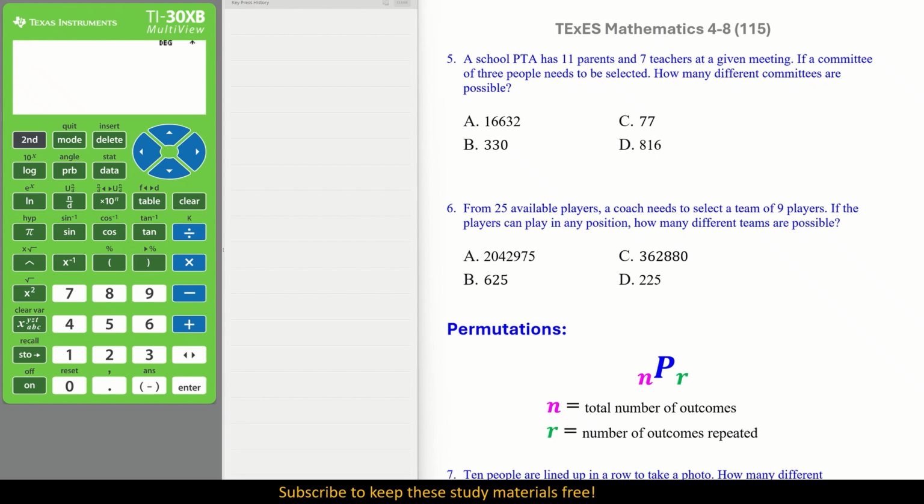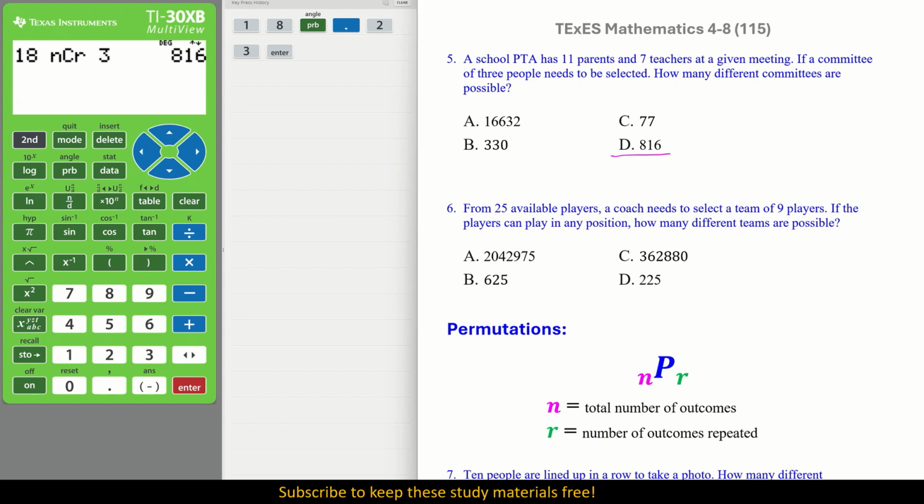It's a combination. How many combinations of 3 people can we create out of the total of 18? So we need our 18, then prob and go to 2 because it's a combination. Order doesn't matter. And then we need 3 out of that. Push enter. And that would be the correct answer, 816 combinations.